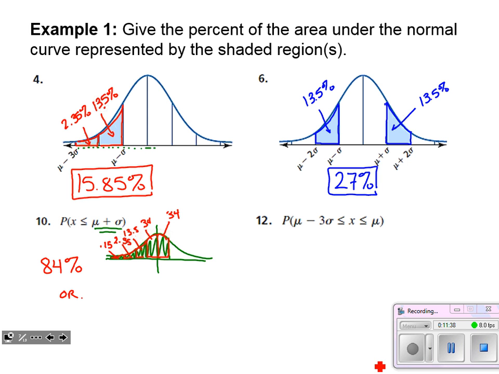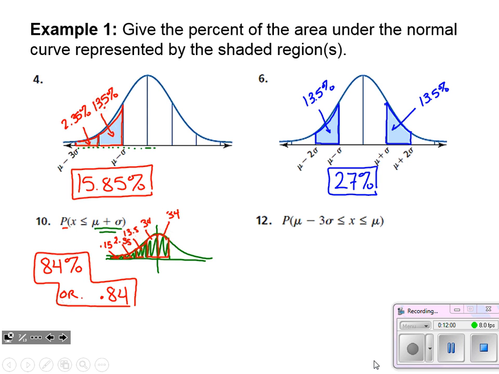But since they wanted a probability based on how they've expressed their region here under our normal curve, we would call that 0.84. But again, we just add up those probabilities using that chart that was on the last slide.